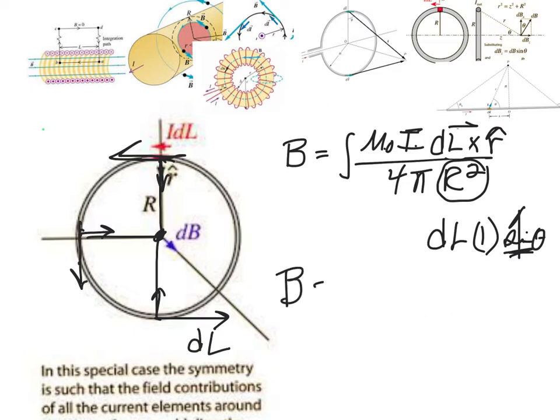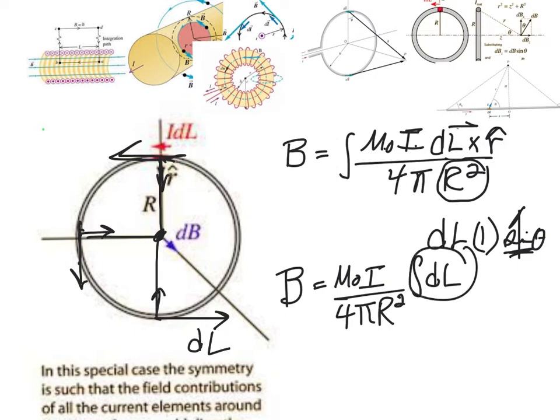So everything inside the integral is a constant. And so we get B, the mu naught comes out, the I comes out. 4 pi are constants, obviously. And in this case, for this example, the r squared is a constant. So all we're doing is we're integrating all the dl's. And what is that? That's the circumference of a circle.